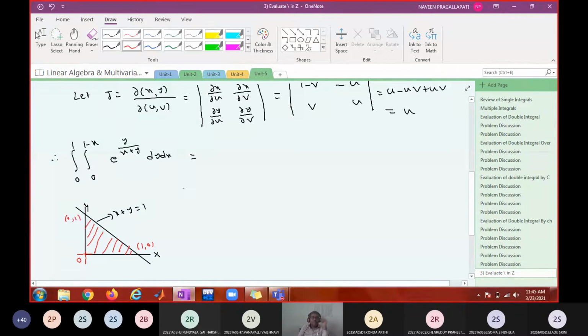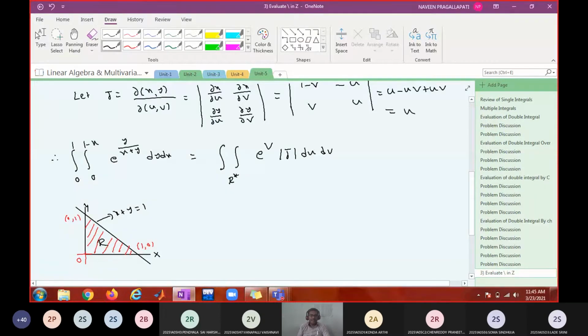Okay. Now, what could be this region? What could be the limits of integration? e power y by x plus y, that is e power v, modulus of J du dv for the region R star.